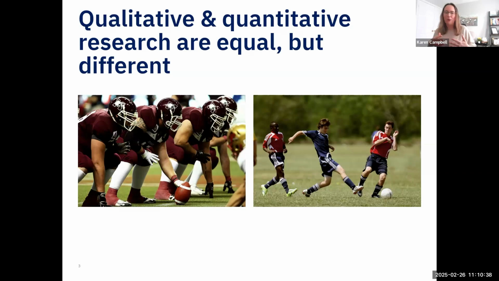You're not allowed to touch the ball. So each one of these games has their own specific rules, and qualitative and quantitative are very similar in that way. There's specific rules for quantitative, there's specific rules for qualitative. We just use the right tools and the right rules for the right game. So just to note that these are just two different ways of getting to an answer to a research question.